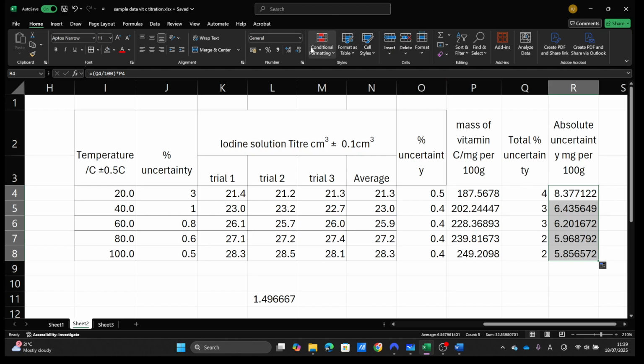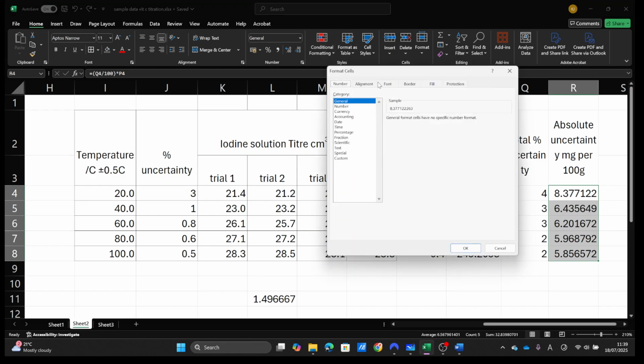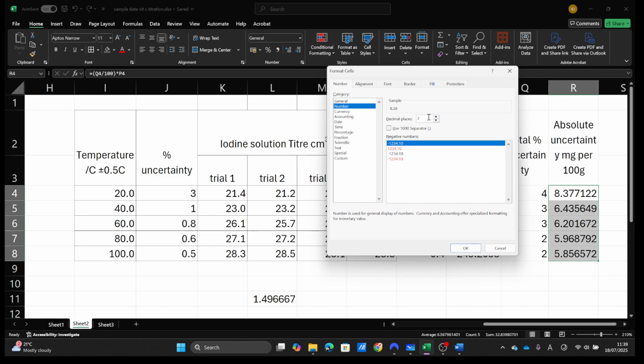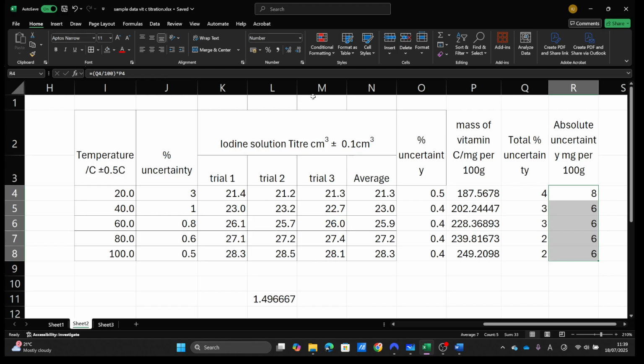This also needs to be only one significant figure. So I'm going to convert them to a number, and I'm going to say 0 decimal places. That's a bit quicker. You can do that if they're all to the same number of decimal places. Right, so what that means is my absolute uncertainty is 6 or 8 milligrams per 100 grams.